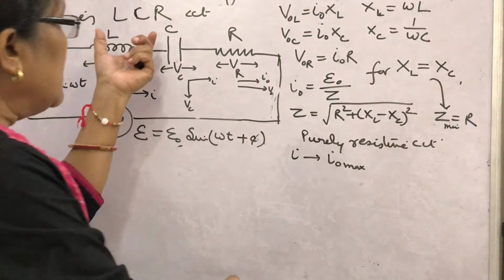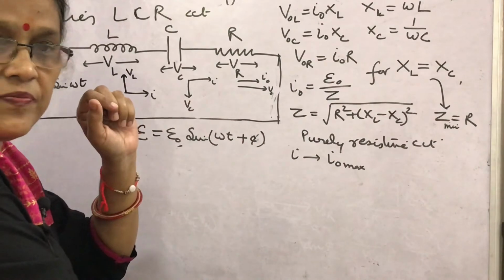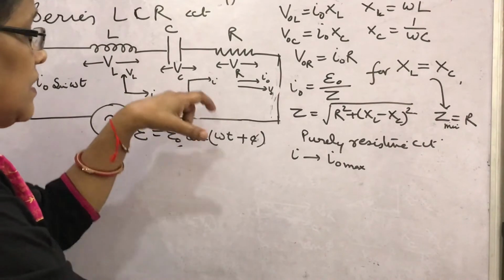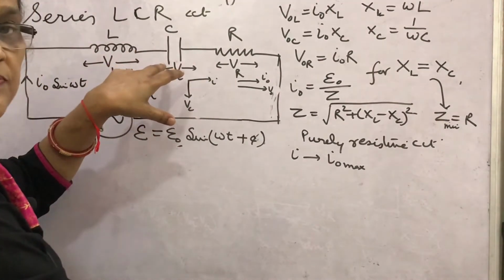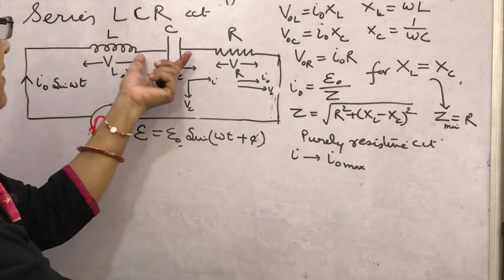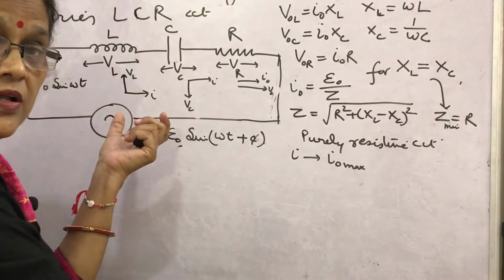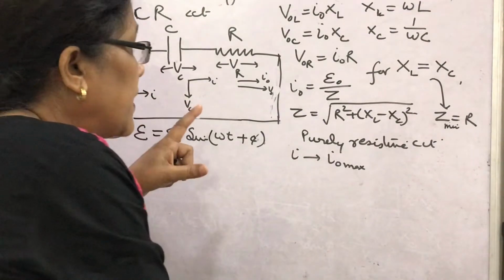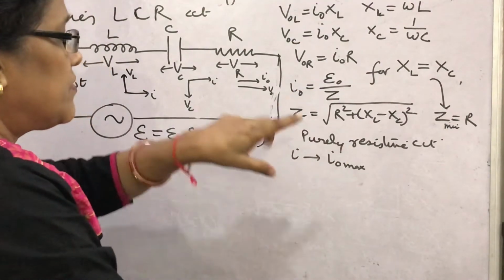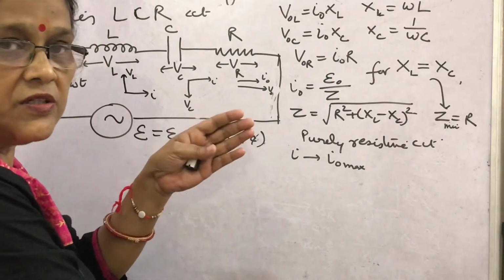So whenever in a series LCR circuit XL is equal to XC, that is, inductance and capacitance values are chosen in such a way that at a particular frequency their hindrances, that is capacitive reactance and inductive reactance, become the same, then at that time the current in the circuit becomes maximum, and at that frequency the circuit is said to be in resonance, electrical resonance.